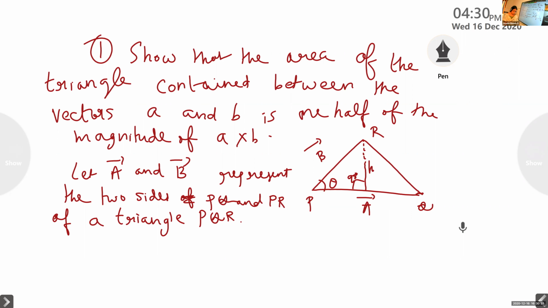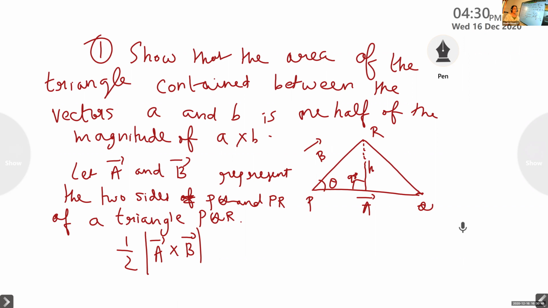So we have to prove its cross product. Therefore, half of modulus A cross B. This is what we have to prove. We have to prove half A cross B is actually equal to half into base into height.